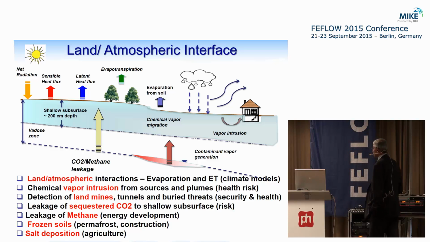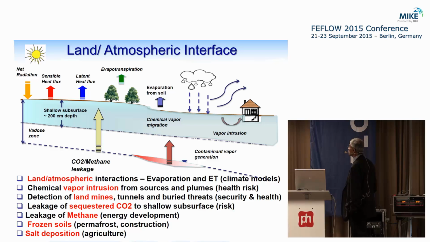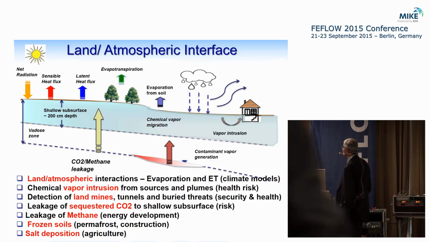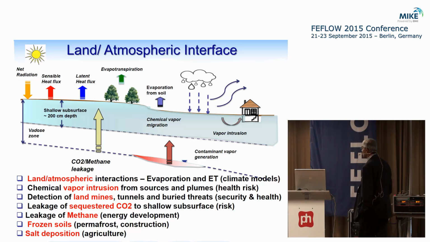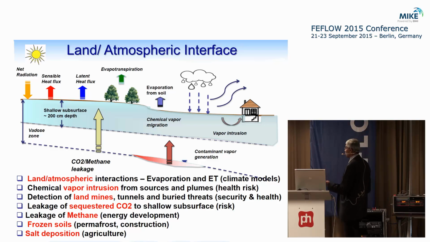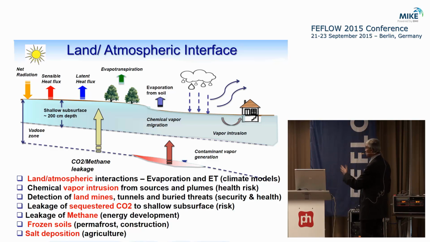I mentioned CO2 leakage: when you put CO2 in subsurface systems, how does it move to the surface, and this gas migration. Then there is a problem we are working on in relation to unconventional gas development, methane, which Craig talked about yesterday. We are interested in the effect of leaking methane because of the energy transition from fossil fuels to hydraulic fracturing.